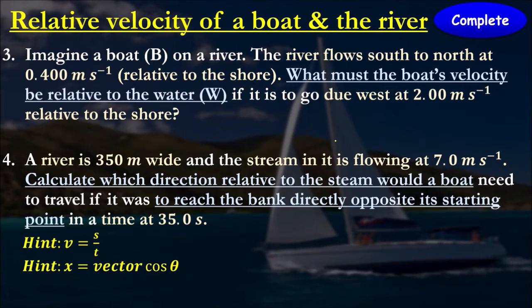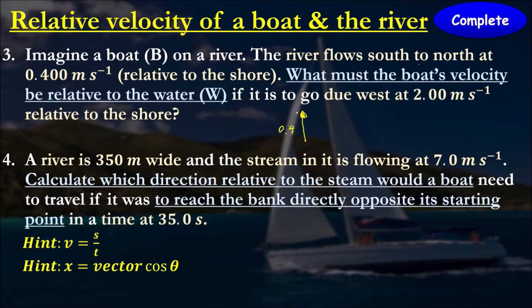This time we're going to look at the relative velocity to the water. Okay, so the river flows south to north, so it's going this way, at 0.4 meters per second relative to the shore. So if I'm just standing by the shore, it looks like it's going at 0.4 meters per second. What must the boat's velocity relative to the water be if it is going due west?